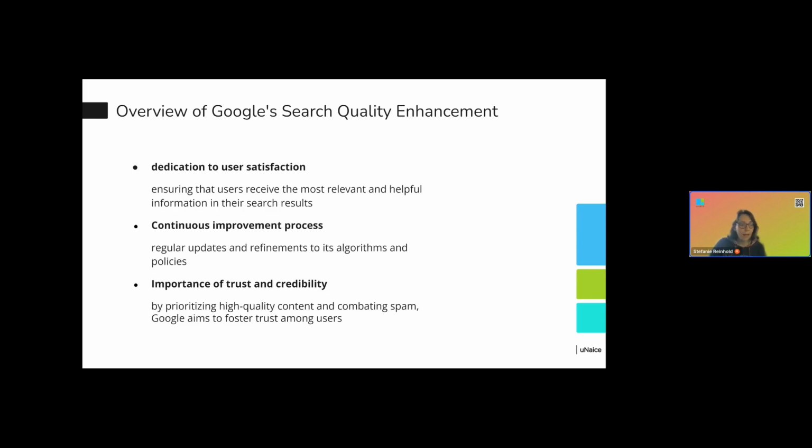And the last and most important point, obviously, it's not only about user satisfaction, but it's also about trust and credibility. So by maintaining its credibility, and especially the credibility of its search results, Google really just stays relevant, and it can foster trust among other users, as everyone basically does. Right.